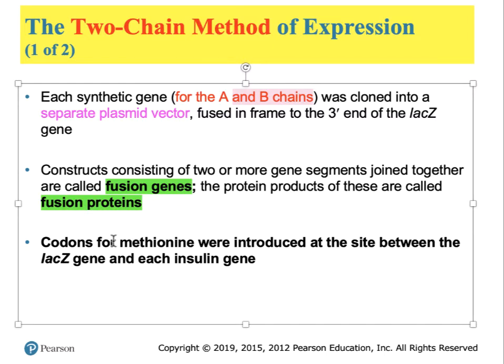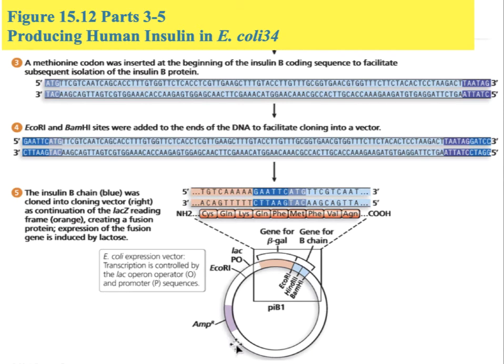In addition, codons for methionine were added so that translation would ensue on the ribosomes of the bacteria. The vector construct for the B gene is indicated in figure 15.12, and the reading frame has to be maintained so that the fusion protein can be made correctly.